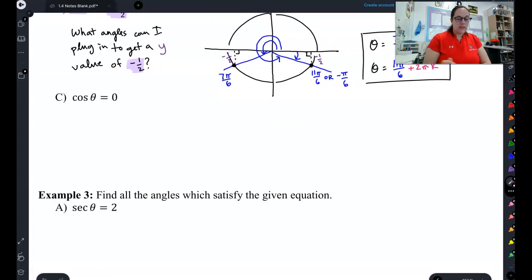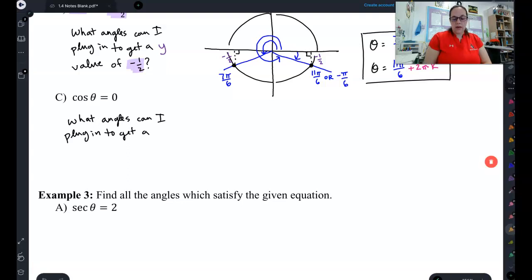Last one for this video. We now want to know where the cosine theta, so what angle can I plug in to get a, since this is cosine, we are looking for an x value of 0.